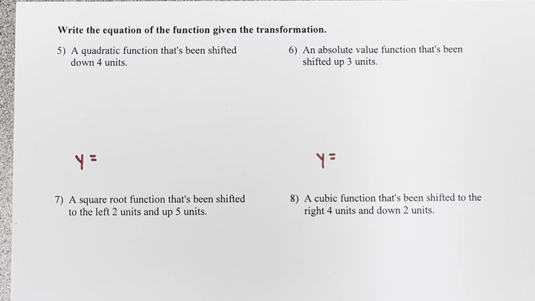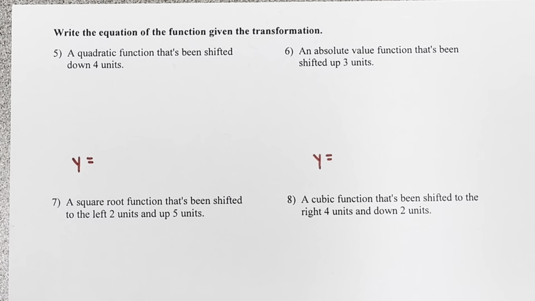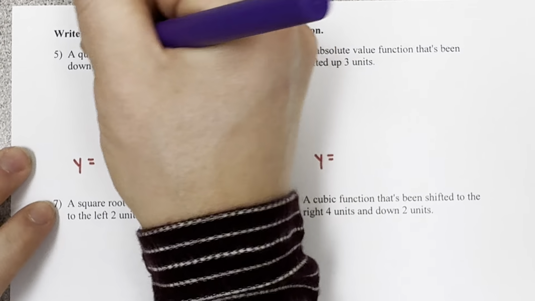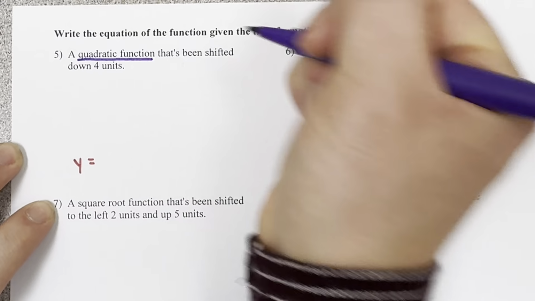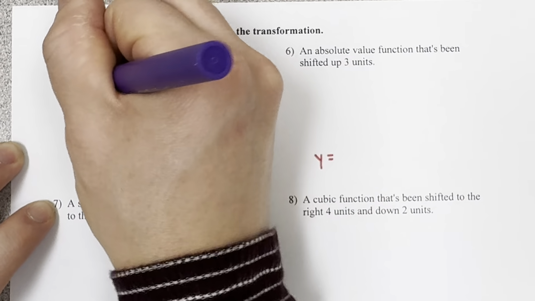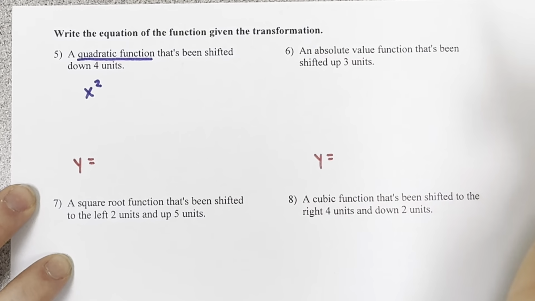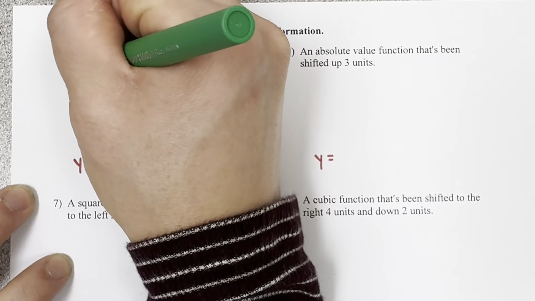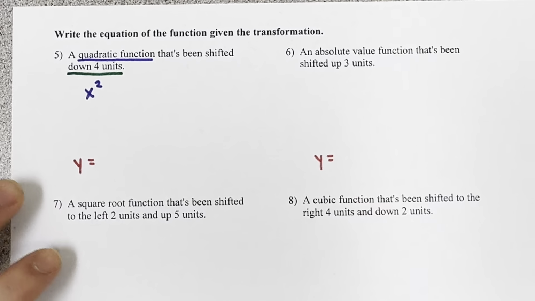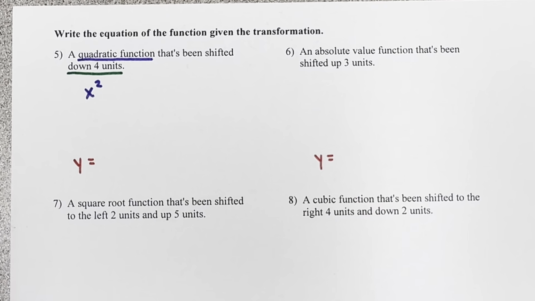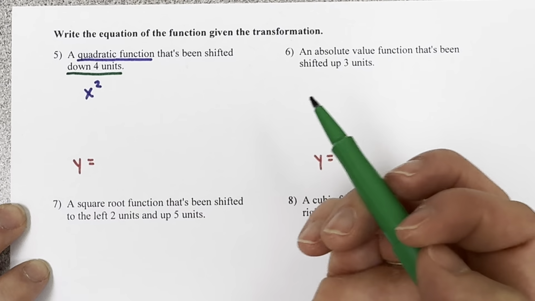Let's go ahead and look at number 5. Let's take it step by step. A quadratic function starts with x squared, so that's where our quadratic function is coming from. Let's keep reading. It's been shifted down 4 units. Remember, down and up means on the outside of the parentheses, and we don't have any parentheses here.